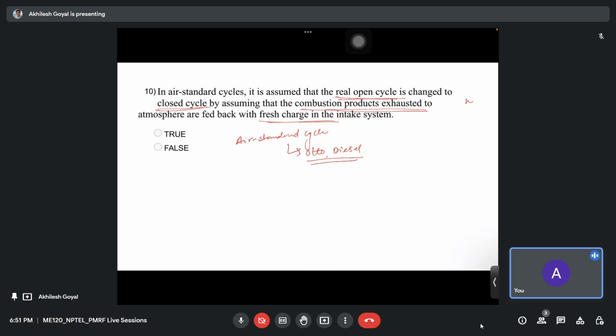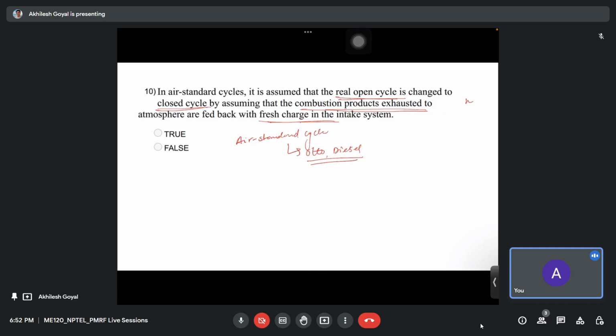Okay, so that's why we have to reject those combustion products into the atmosphere, and we can only take fresh charge into the inlet. But for the sake of simplicity and analysis, we always consider that the combustion products being exhausted to the atmosphere are fed back with the fresh charge into the system.